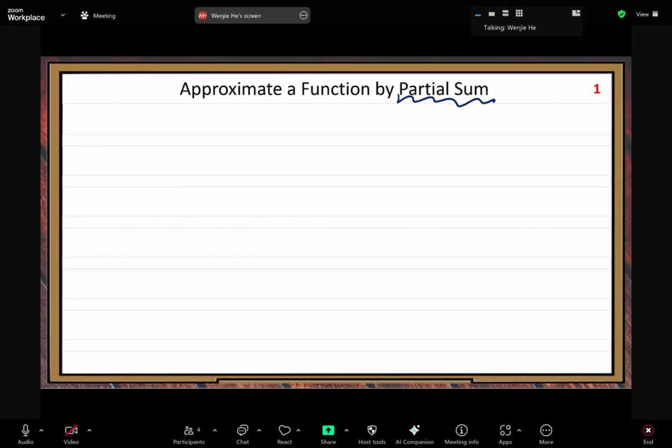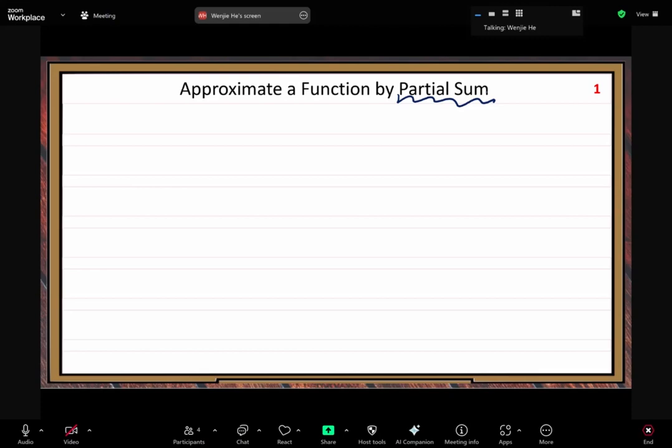But if you use the infinite series directly, you need to work on infinitely many terms, right? So that could be hard. Infinitely many terms, hard to control.